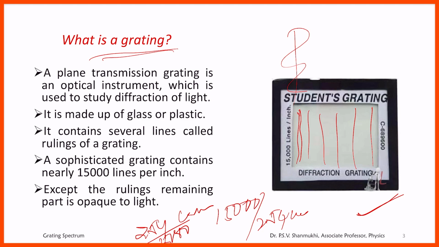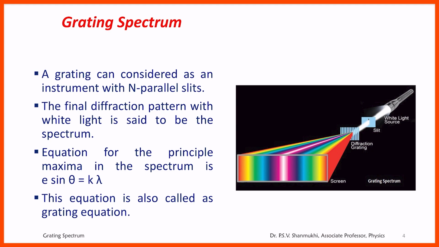That is why, when light passes through the slits of this plane transmission grating, it produces this kind of diffraction pattern. So what is a grating spectrum? Here a diffraction grating is taken, and light is passing through it.